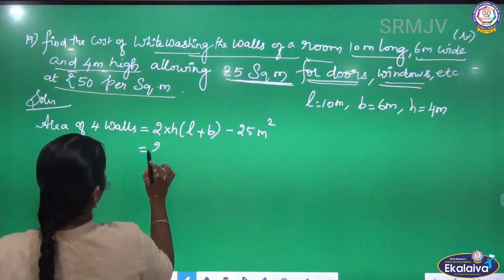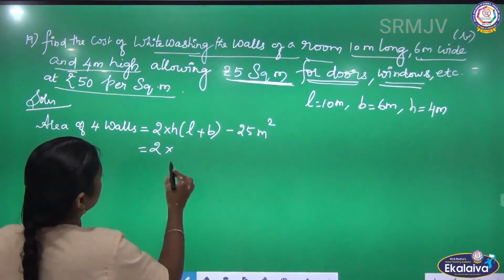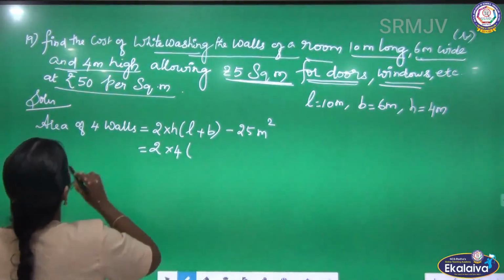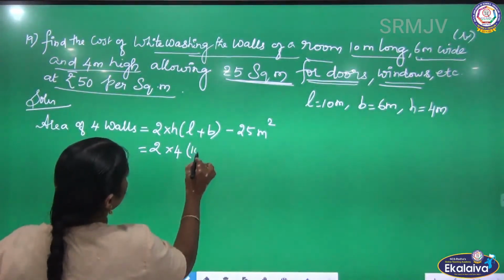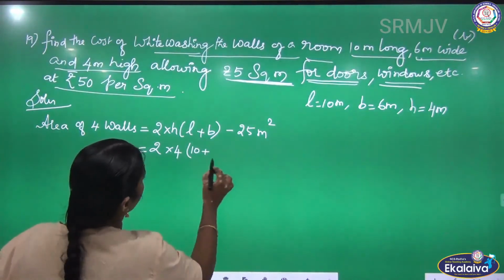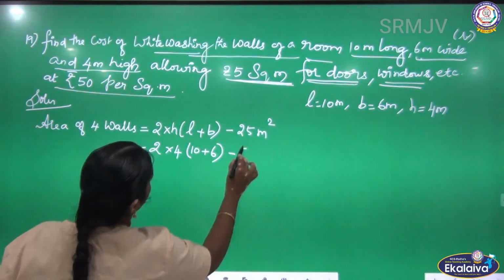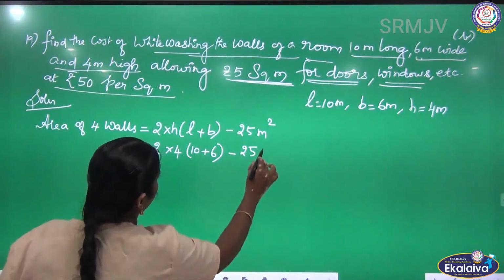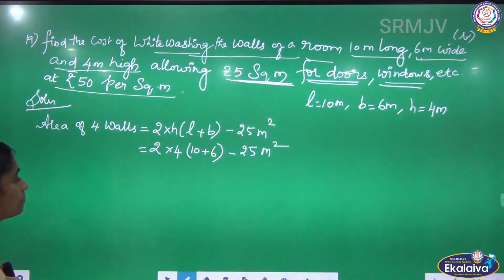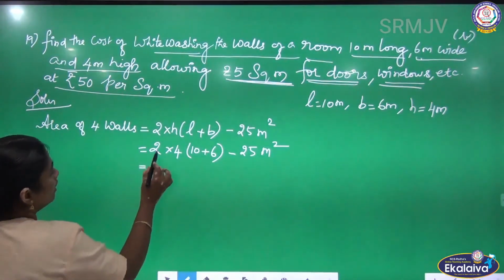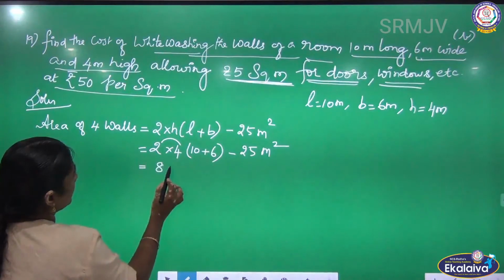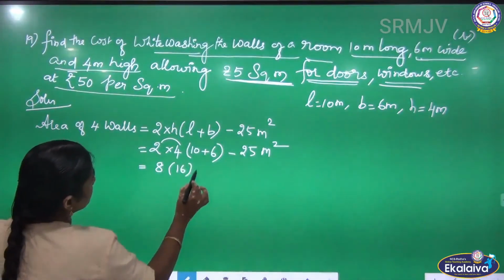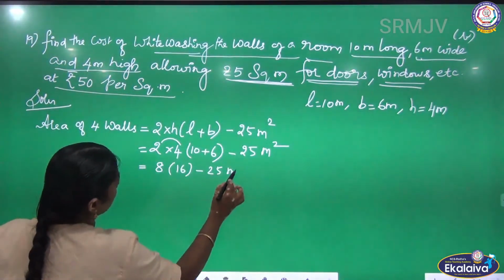Listen, 2 into height, which is what? 4. And what about your length? 10 plus what about your breadth? 6 minus 25 meter square. Listen, 2 4s are 8 into 16 minus 25 meter square.